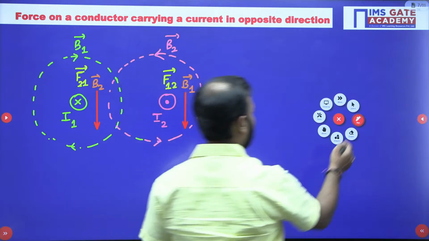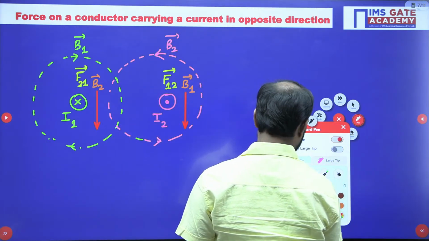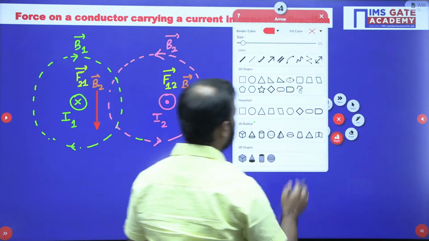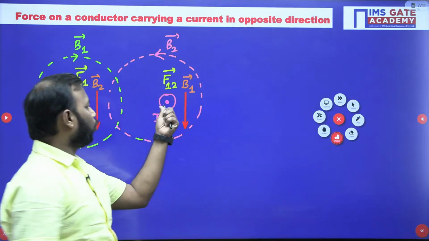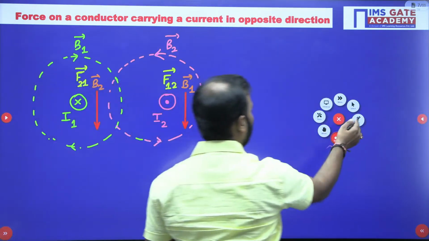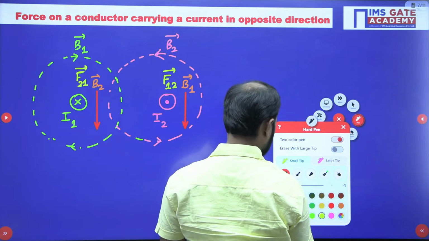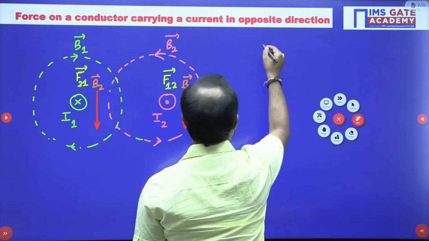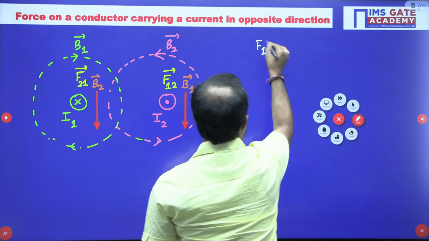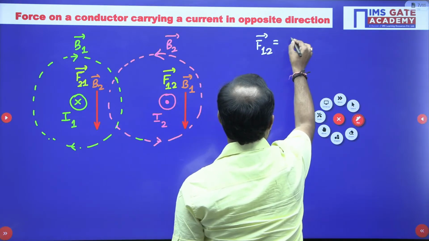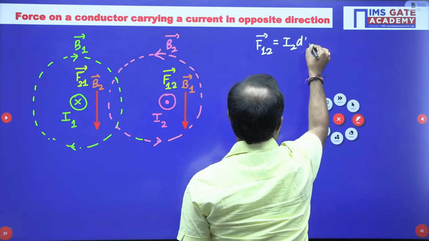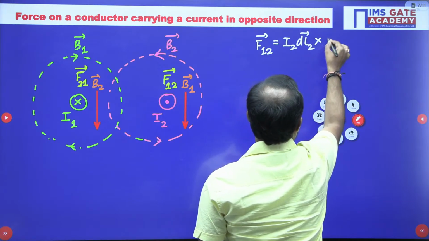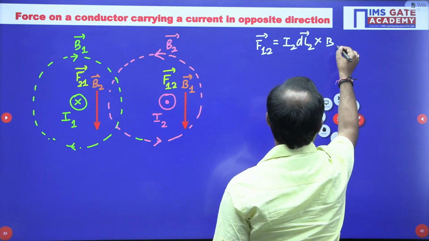So how will we find it, as we had discussed already. See, I2 ΔL2 or F12, let me write the formula first. F12 is equal to I2 ΔL2 into the magnetic field here, which is B1.